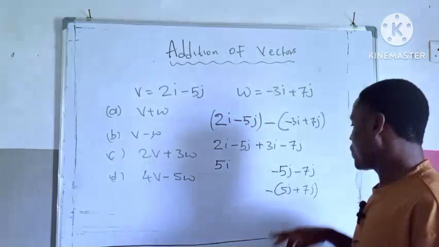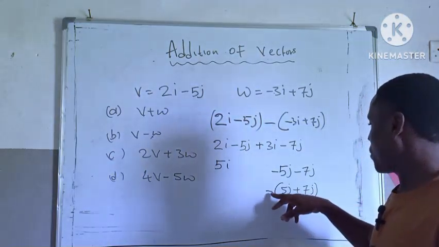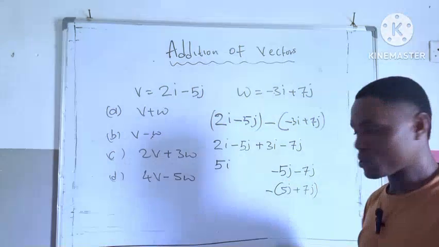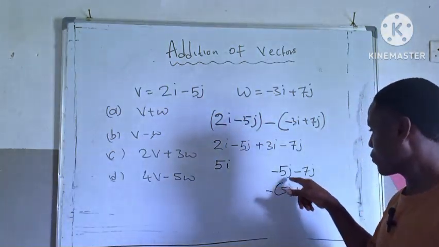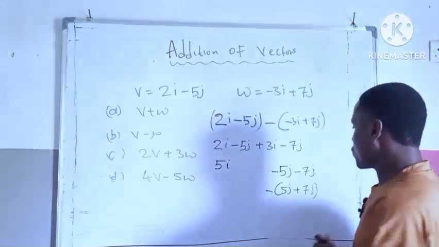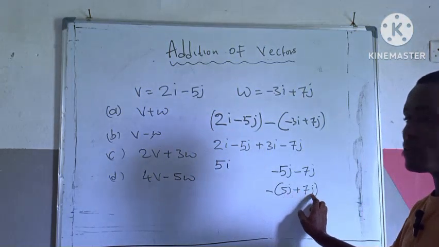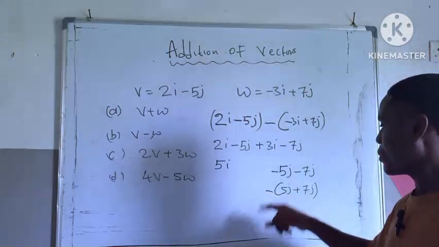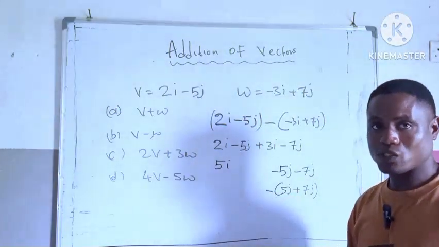Because if you open this bracket, minus times this will give us minus, so it will still be minus 5j, then minus 7j. So you add these together, 5j plus 7j gives us 12j. Then you add this minus sign. That is just a trick here.